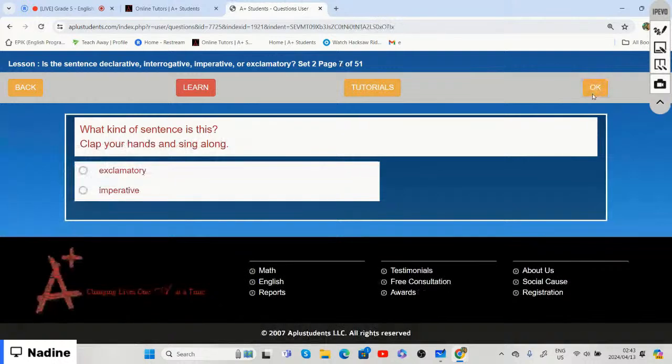Clap your hands and sing along. Is this an exclamatory sentence or an imperative sentence?